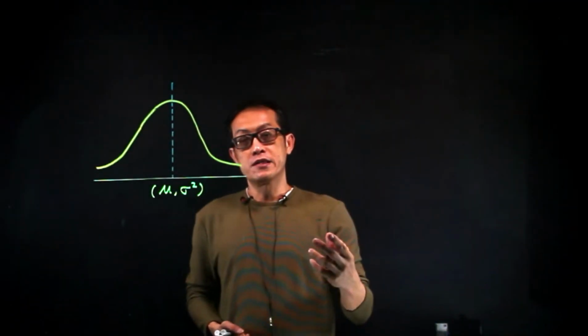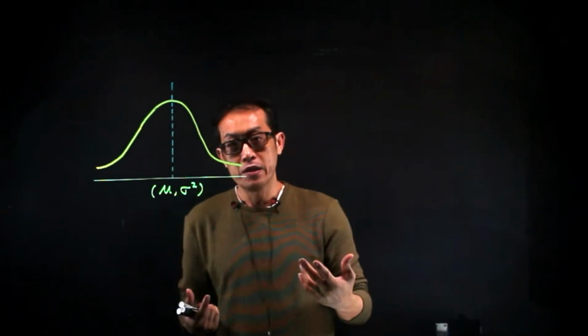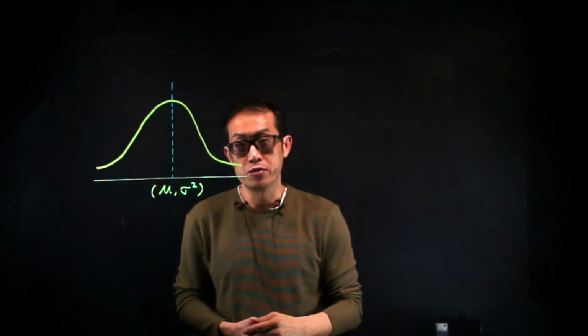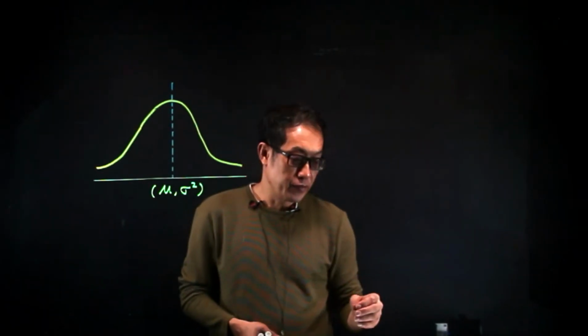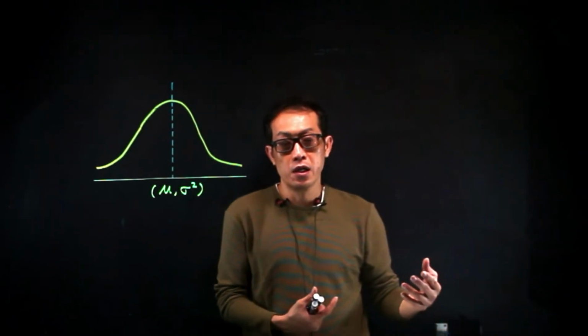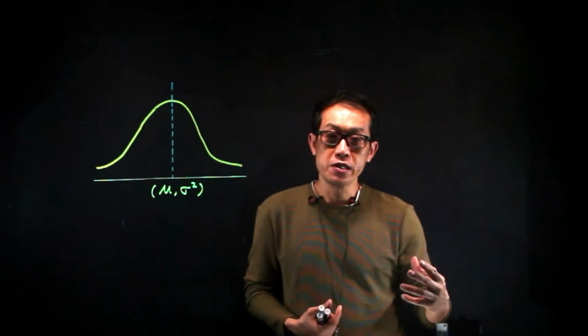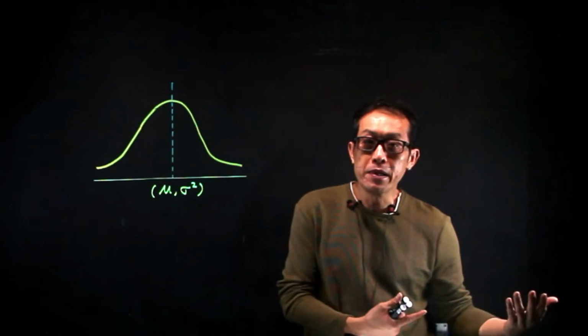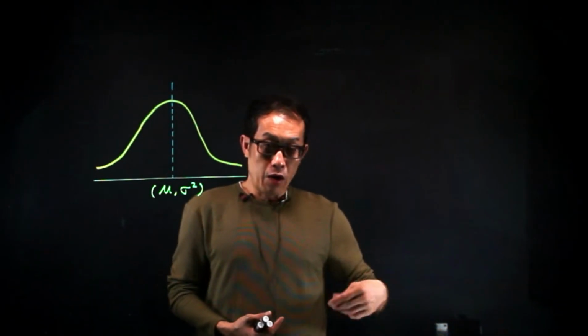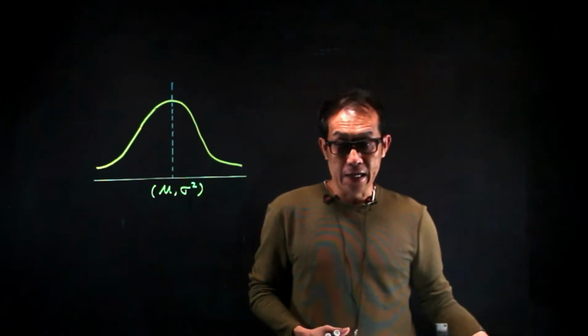One of the characteristics of a normal distribution is that it is continuous. It is a continuous distribution. Now, if you know what a binomial distribution is, binomial distribution is discrete. An example is the outcome of throwing a dice.